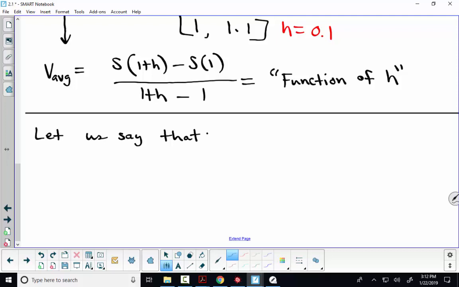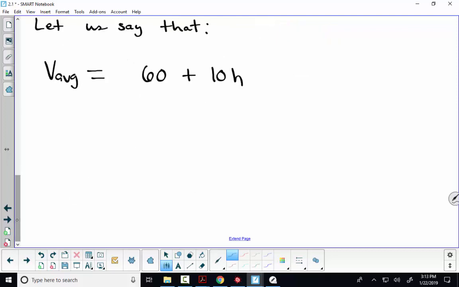Let's say that we computed this average velocity to be equal to, I don't know, 60 plus 10h. Once we computed all of this is what we ended up with. Then once you have this, no matter what time interval you're given, you can then just plug in the step away from 1 or 5 or wherever it is into that function to measure it.